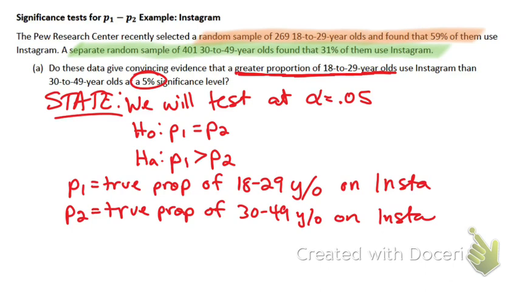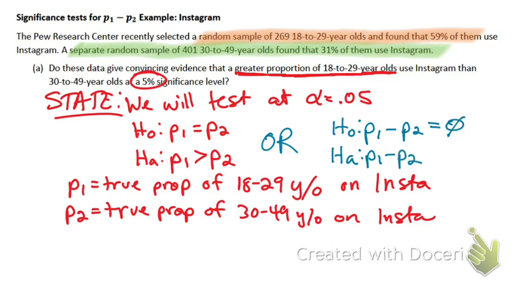Okay. We have clearly defined our parameters, and we've got our null and alternative hypothesis. I do want to make sure that you see that this could have been the null hypothesis, P1 minus P2 equals 0, and my alternative would have been P1 minus P2 is greater than 0.